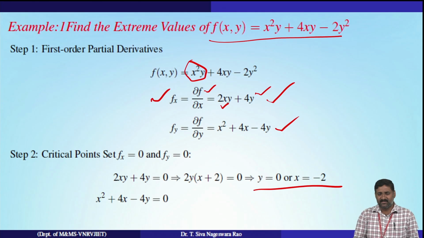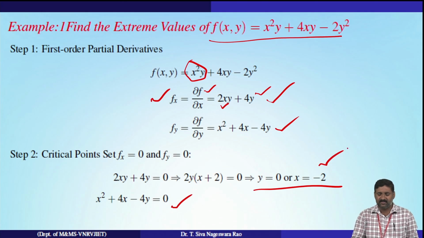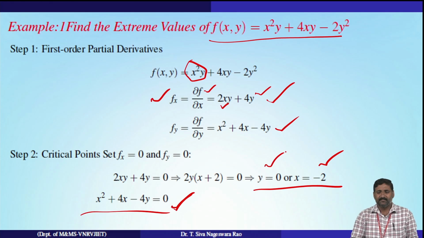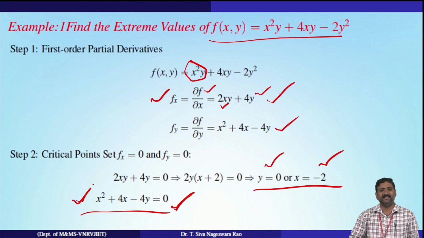Now we will substitute y is equal to 0 into this equation. We will get the corresponding values of x. In the same way, substitute x is equal to minus 2 into the same equation, and we will get the corresponding values of y.